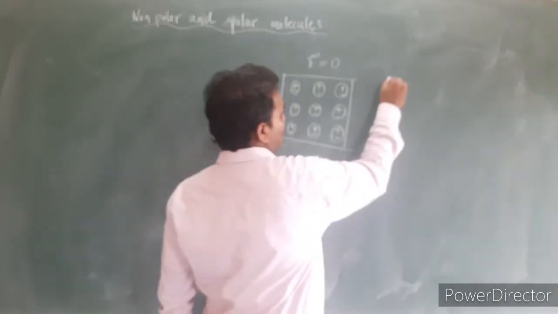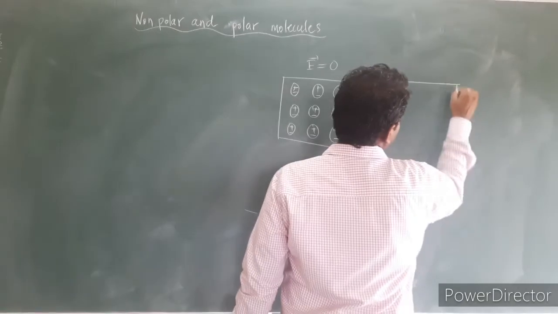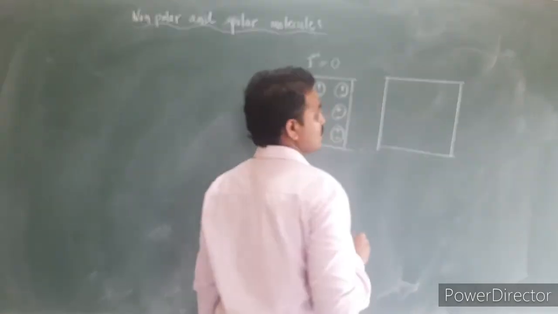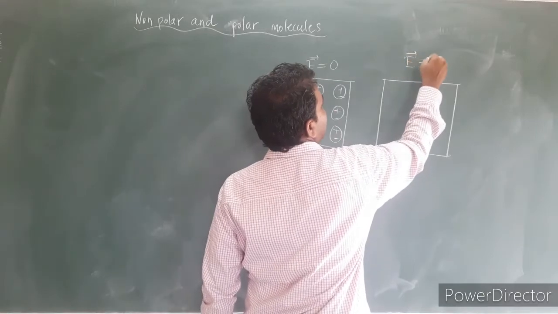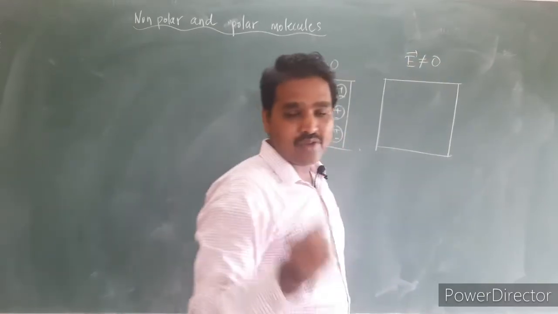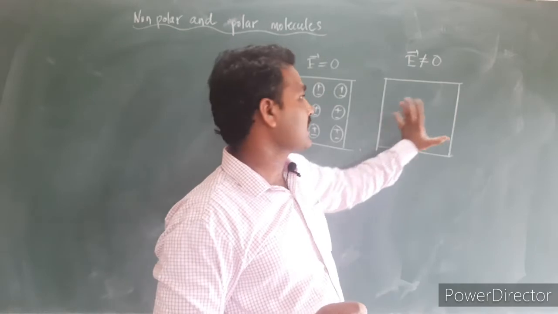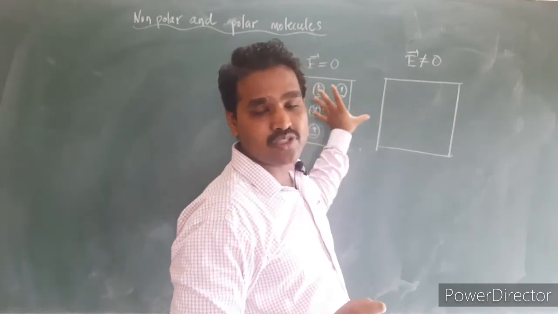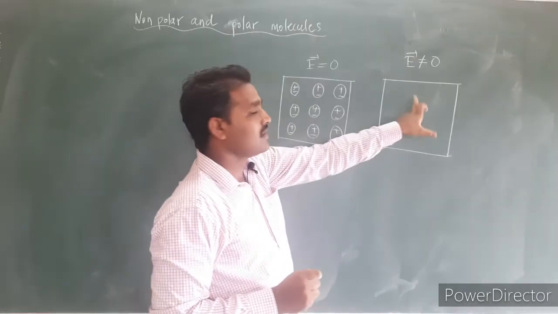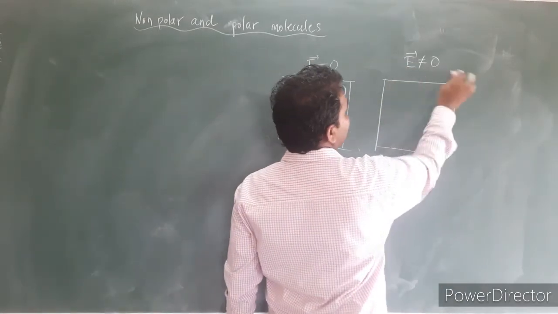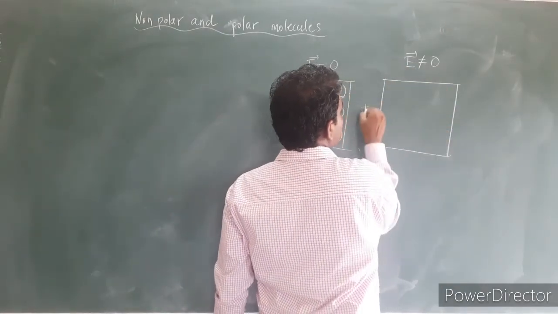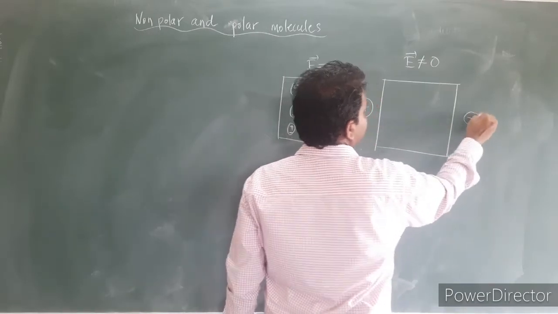Okay, so what happens when the same system of molecules is placed under an external electric field? In that case, I can write E is not equal to 0. I have some magnitude of the external electric field. So how do these molecules behave when they are placed in an external electric field? We know when the electric field is like this, we will have positive charge here and negative charge here.